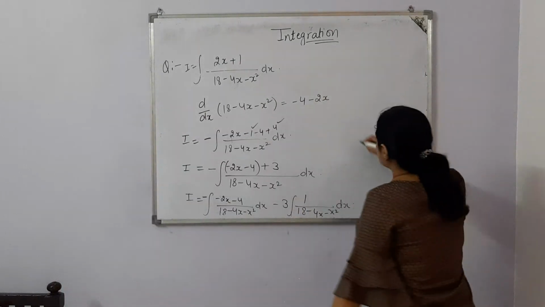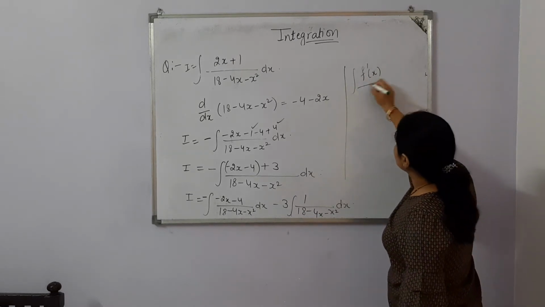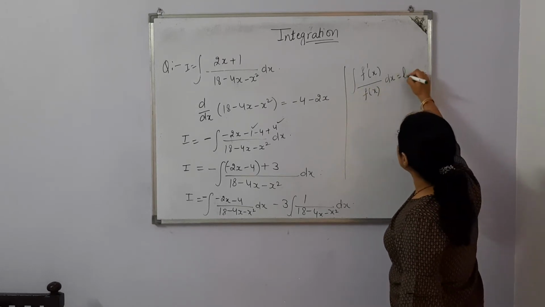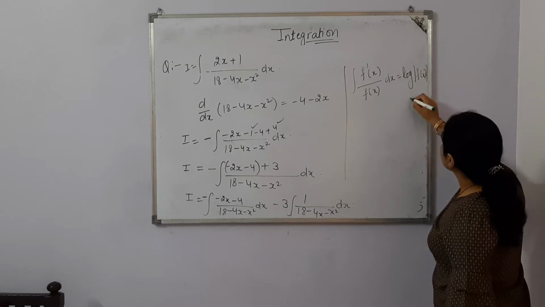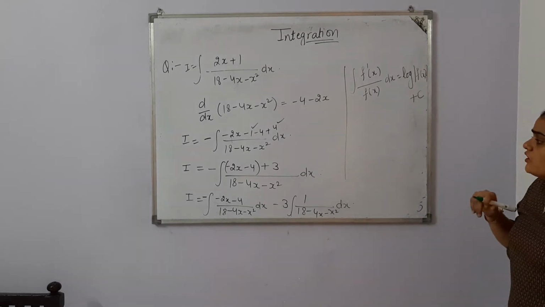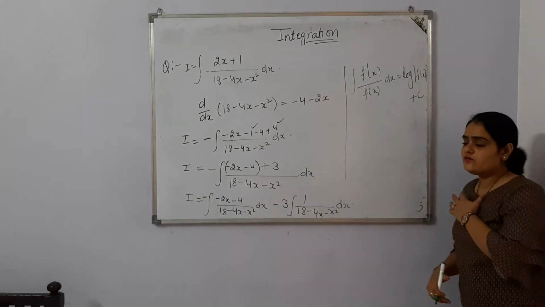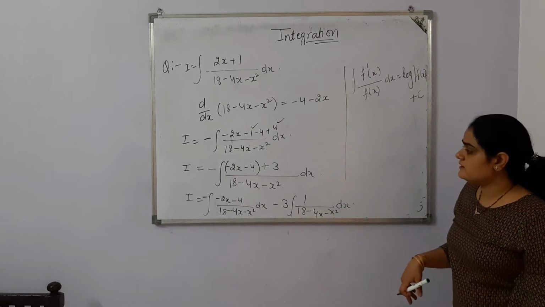So we already did one formula that if the function's derivative is in the numerator, then its integral is equal to log of f(x) plus c. So we can directly apply the formula here. Now what is the function here? 18 minus 4x minus x square.